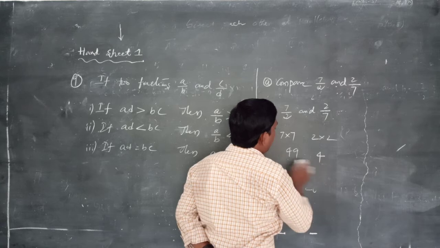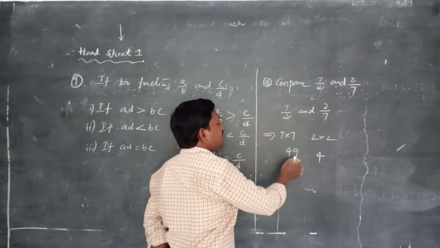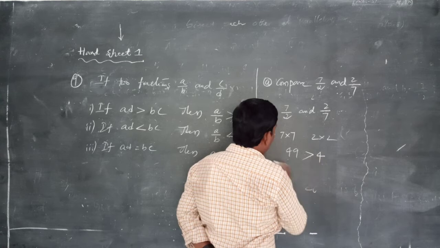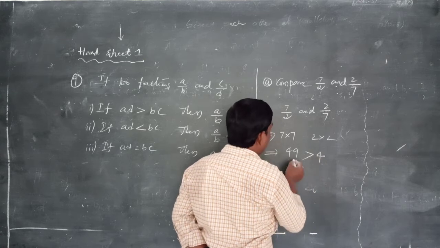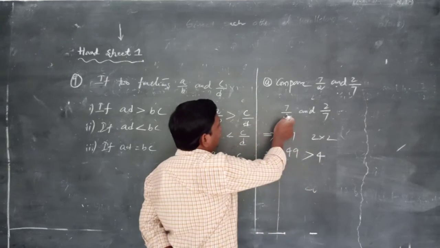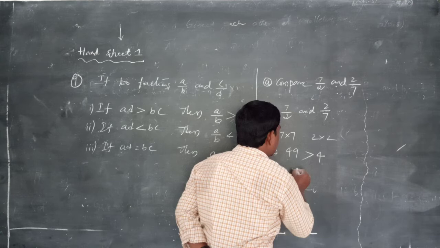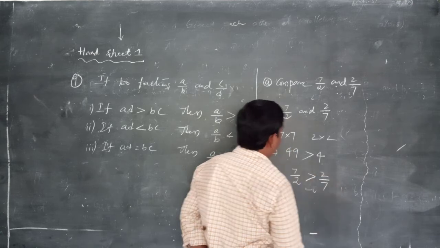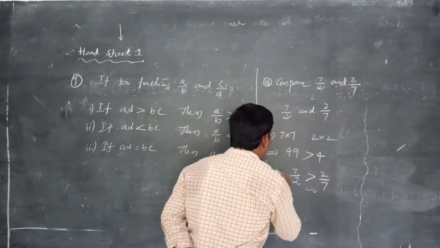So what symbol do we have to write here? 49 is greater than 4. So now we write the corresponding fractions: 7 by 2 is greater than 2 by 7. So this is the answer.